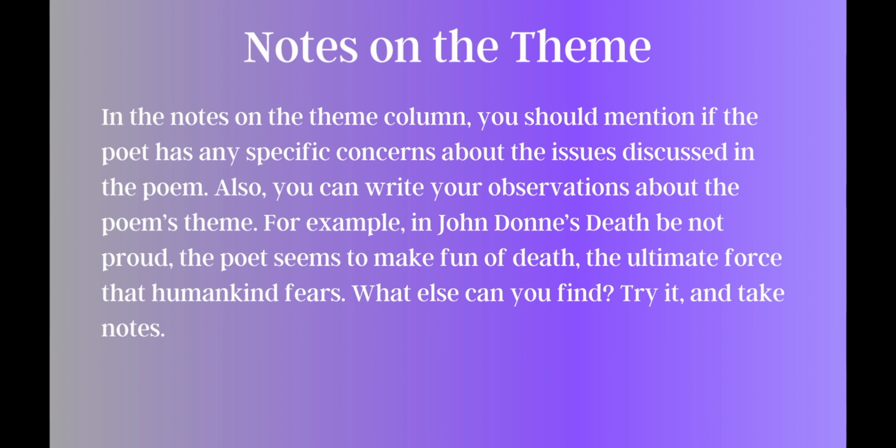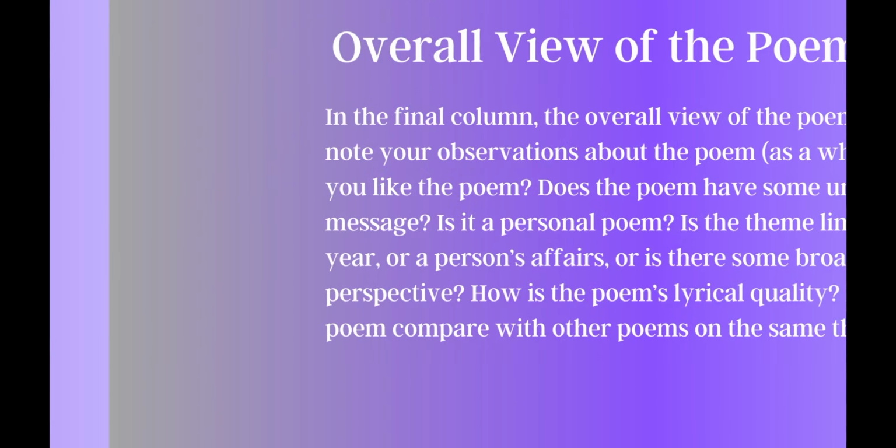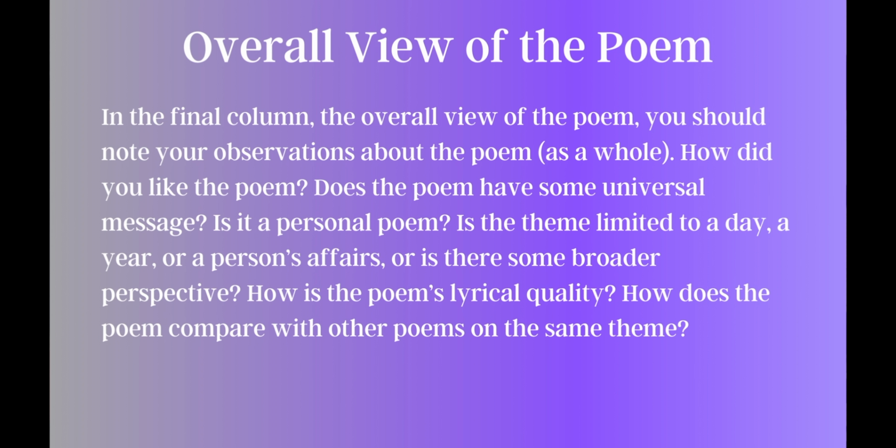Now the final column is the overall view of the poem. This is your overall, critical response to the poem as a whole. If you write this wonderfully and carefully, this can serve as a critical summary of the poem, which includes everything: the poet's use of rhetorical devices, similes and metaphors or other figures of speech, the poet's style of writing, the use of rhyme or lyrics in the poem, the use of symbols, and the poet's theme, whether it is broad, universal, personal or local in nature.